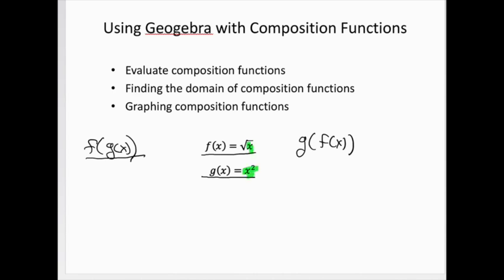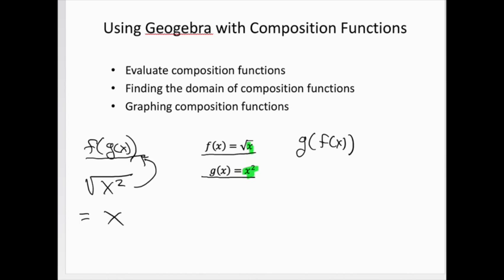So let's look at this one first. I'm taking g of x and plugging it into f. So that means this is going to go in here for that x. So that means I'm going to take the square root of x squared. That's going to be f of g of x.